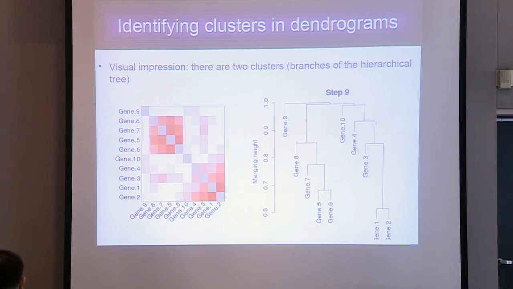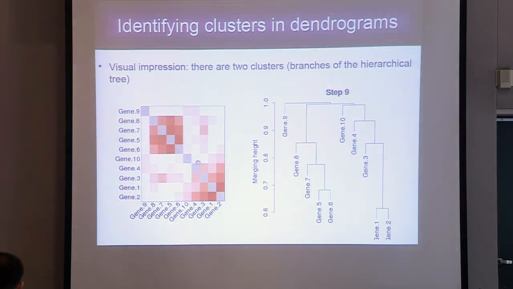So anyway, if you look at these two pictures, like I said, this is a simple distance matrix of only 10 genes. The visual impression is that there are two clusters. One cluster is this rectangle here, or square. The other cluster may be this square here. Now on the tree, that corresponds to two branches.